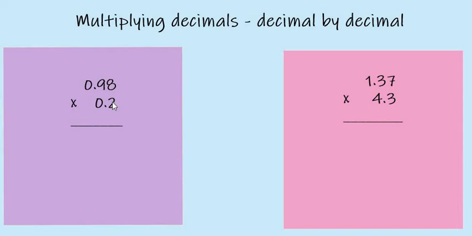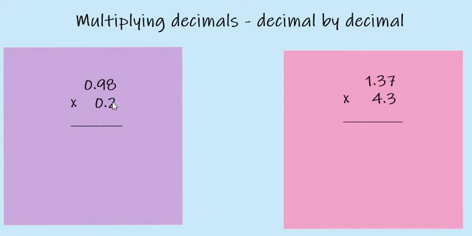But we're not going to make that a problem when we're multiplying. Just remember to align them when we're adding and subtracting, but when we're multiplying, it's not a problem. We're not considering decimal place value as yet.